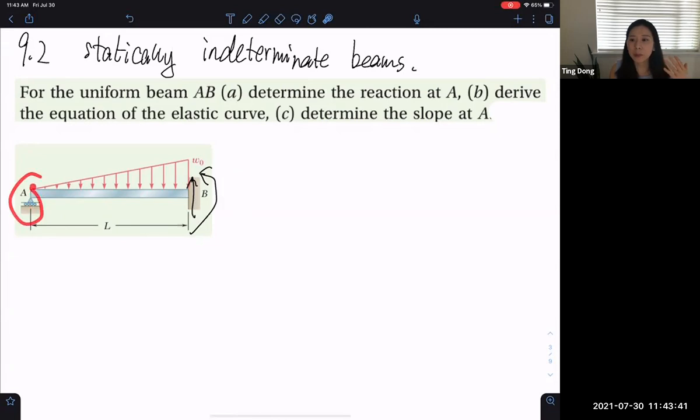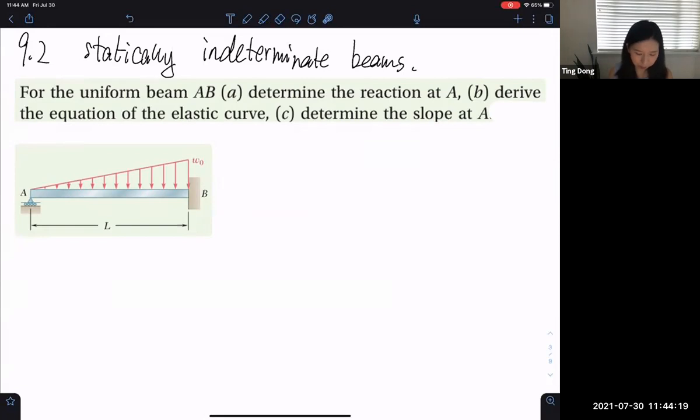If you remember in the previous chapter, when we solved the statically indeterminate systems for bars, for torsion, for tension compression, we always put the deformation equation there. That deformation equation can provide an extra equation to solve the extra unknown. The problem here is the same. The extra equation is based on the deflection.